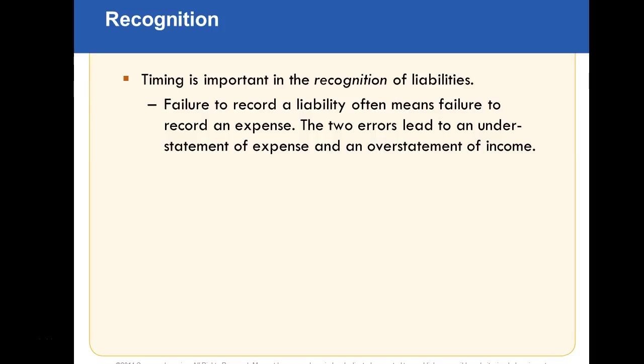We debit the expense and we credit a payable, don't we? So do you see that if we forget to record a payable, chances are we've also forgotten to record an expense? And when we forget to record an expense, that means we show a higher net income than we really should have. And we generally also show lower liabilities than we really should have.